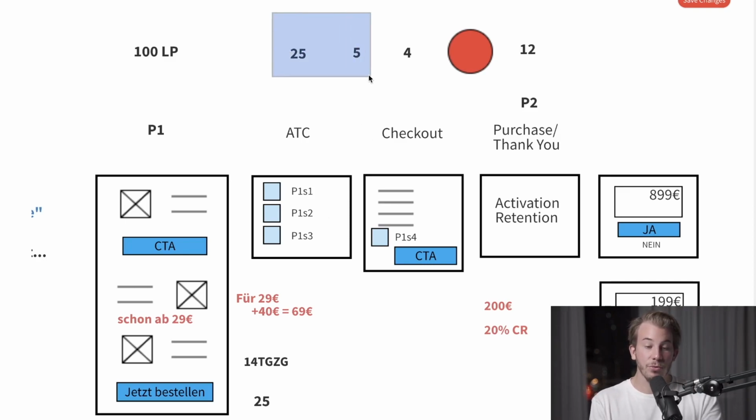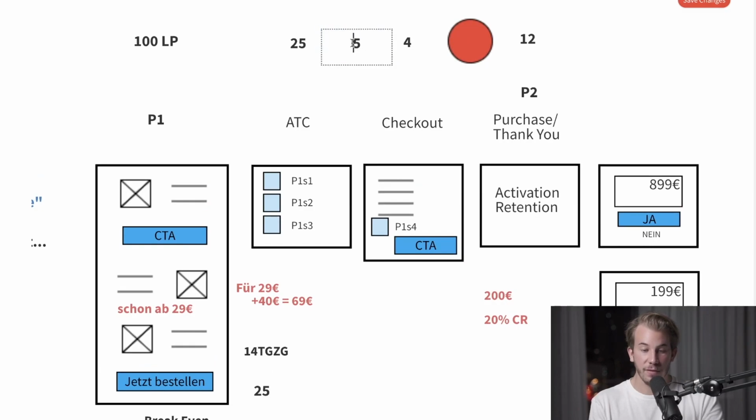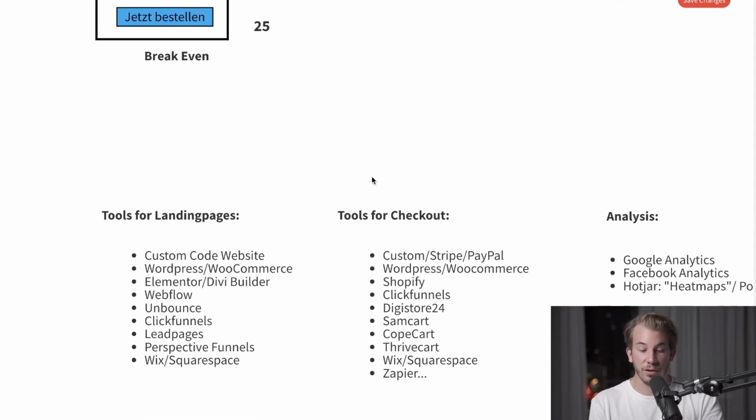Maybe that's the reason you lose 80% of purchase intention people in your checkout, which you can maybe fix, and then you have like 15, which would be 3 times the volume, 3 times the customers, 3 times the revenue by just fixing some slight error in your checkout.